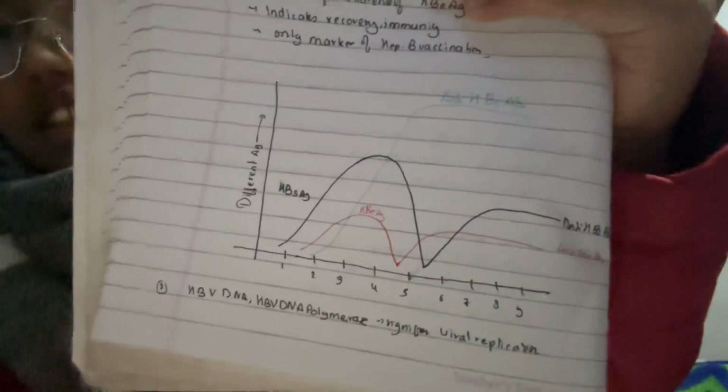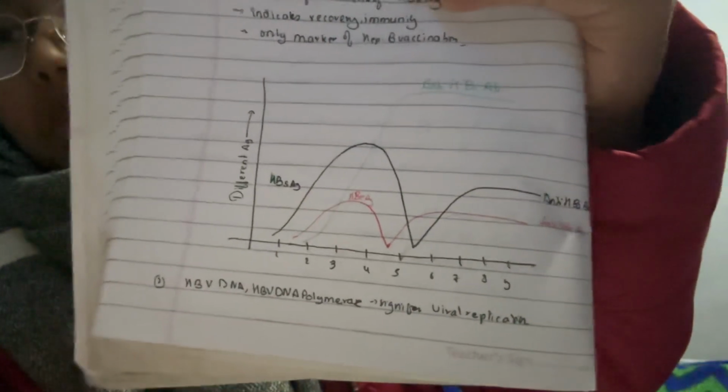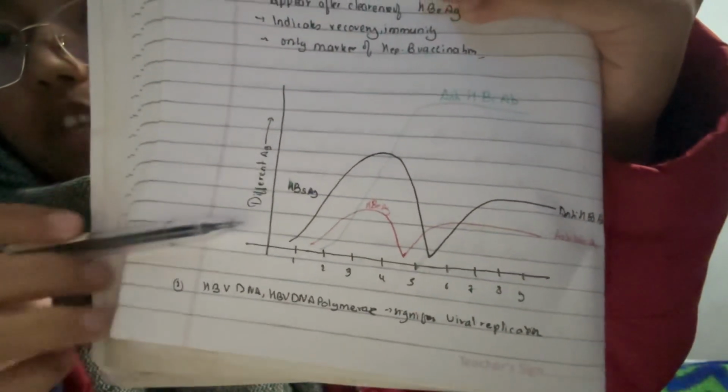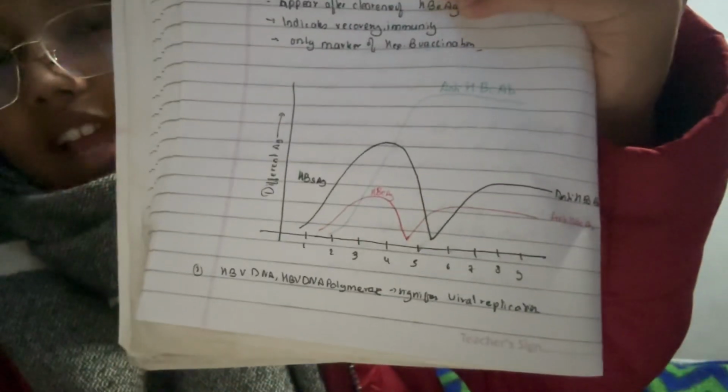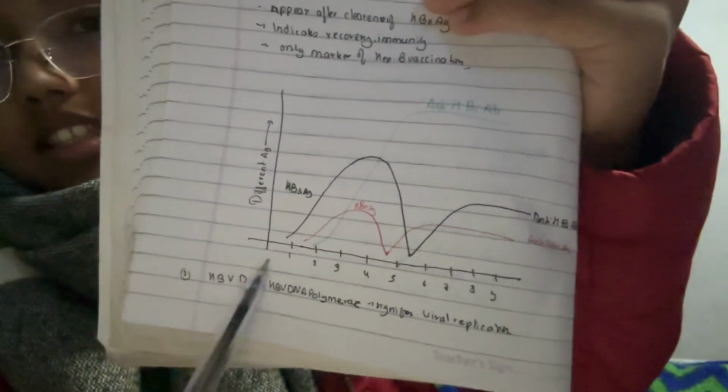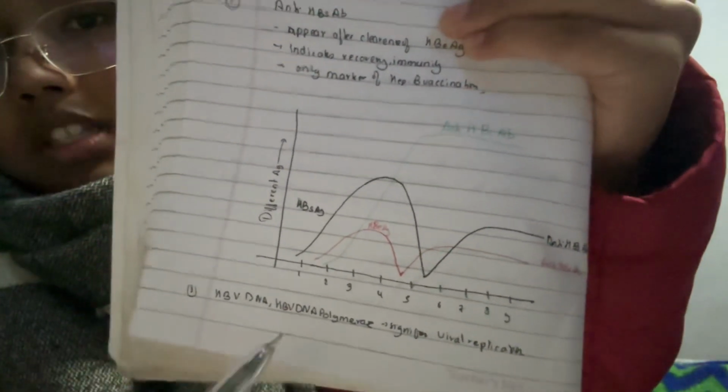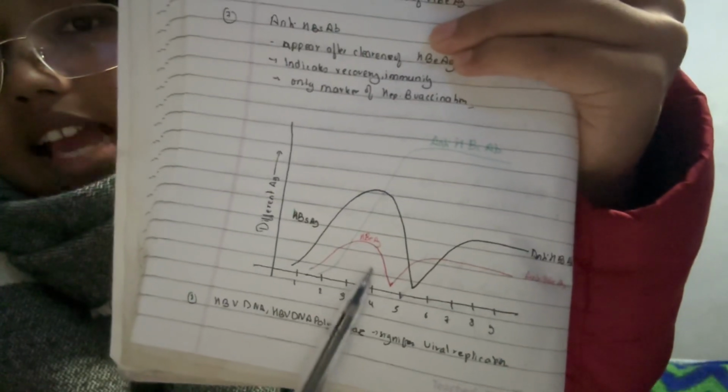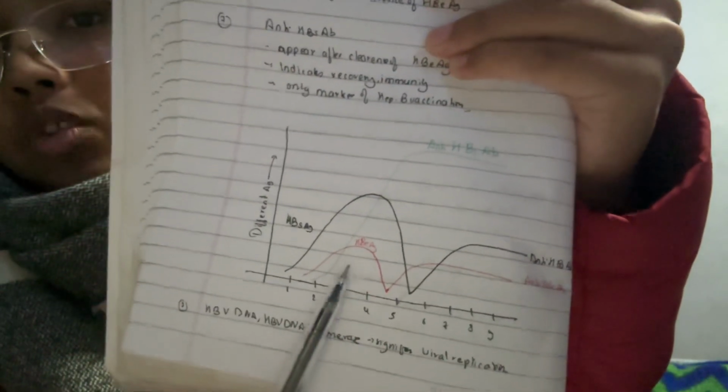Now I want to show you a picture of a graph. This graph is something bare minimum that I want you to remember. We have here different kinds of antigens and antibodies, and this is the period of time in months. This red one here is HBe antigen, the precore antigen.